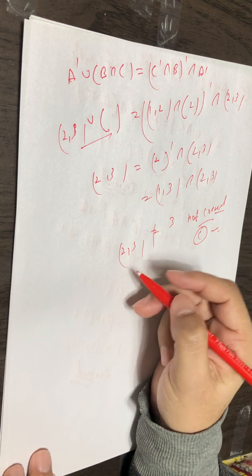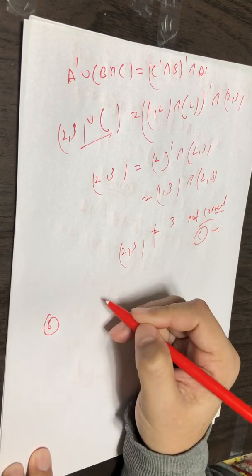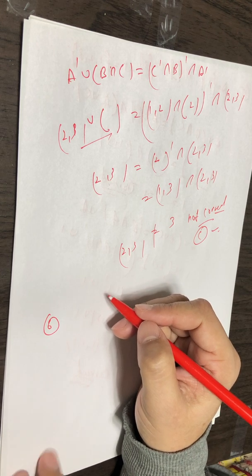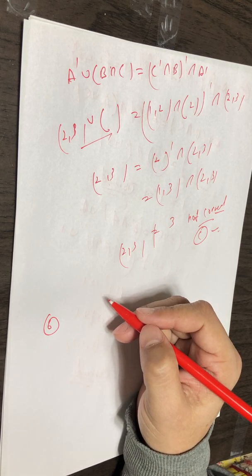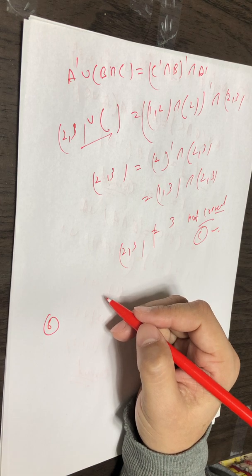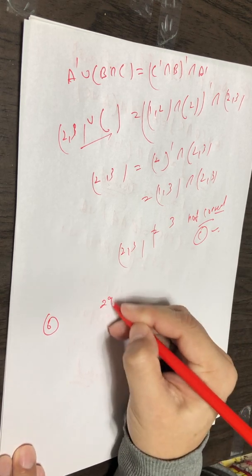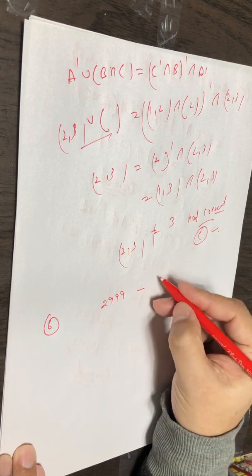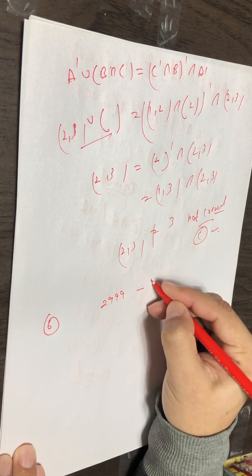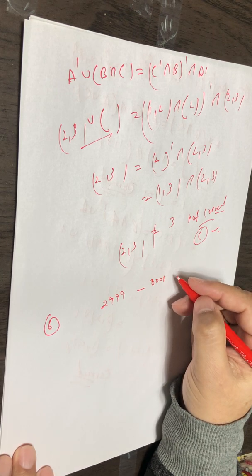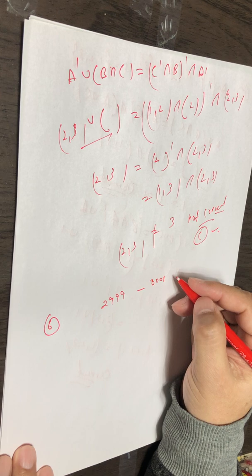Okay, sixth question. It is given as, let x be the number of integers lying between 2999 and 8001, which have at least 2 digits equal, then x will be equal to.